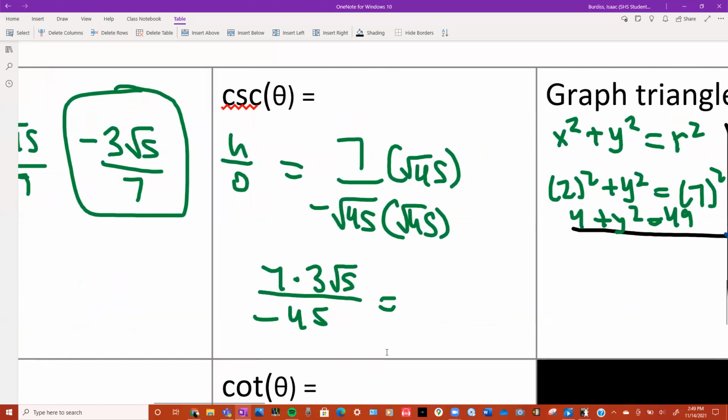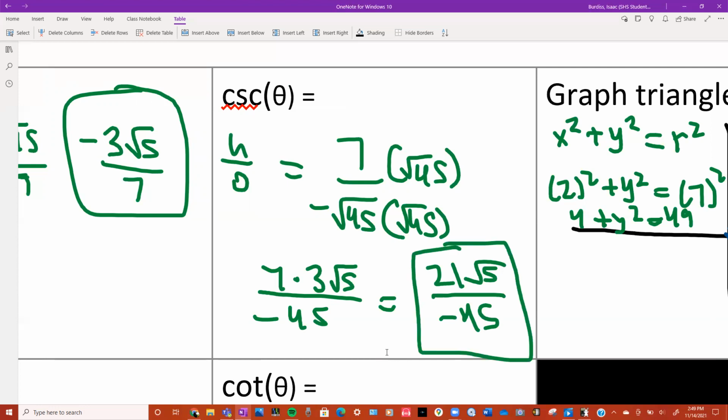So this is a lot of work. Whenever you have square roots, it's worse, but that's just what happens to be in this one. So then that would be 7 times 3 is 21 root 5 over, oh, sorry, I just messed up something on here. Over negative 45. And that is what it is. Oh, actually, let's think. Can 21 and 45 be simplified more? Actually, it can.